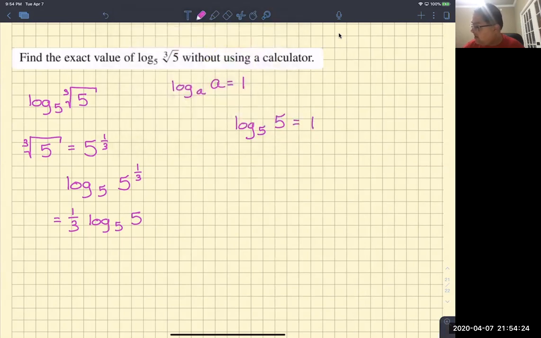Well, 5 raised to the first power is 5. So log base 5 of 5 is just 1. And 1/3 times 1 is just 1/3. So the log base 5 of the cube root of 5 is basically 1/3.